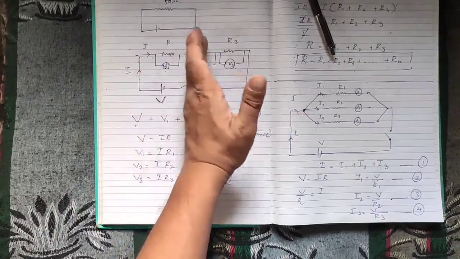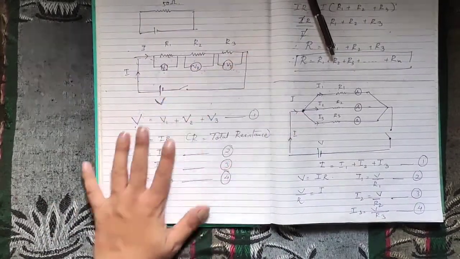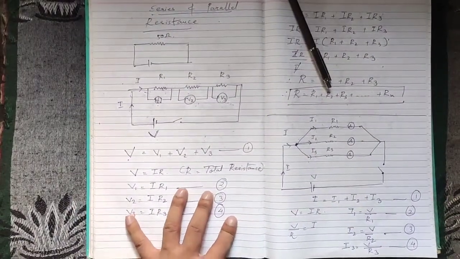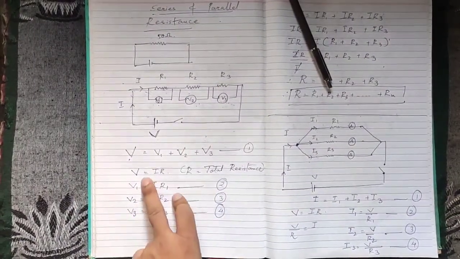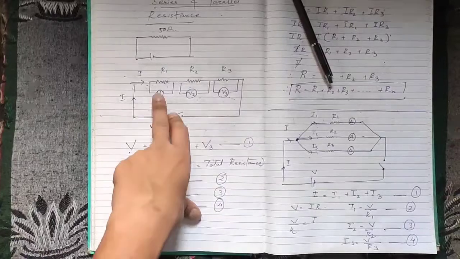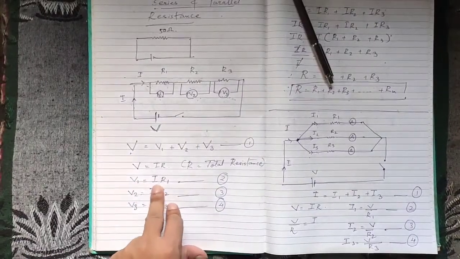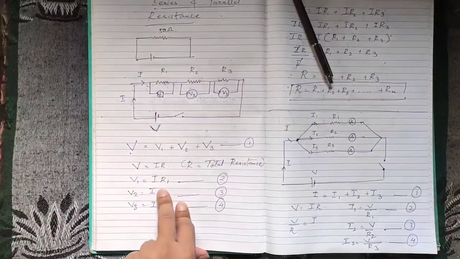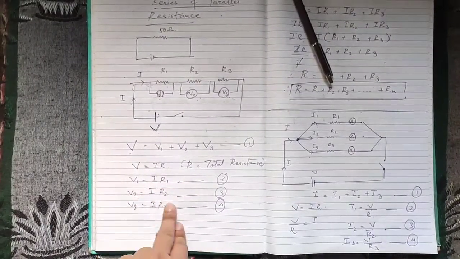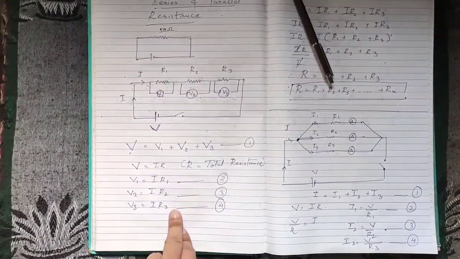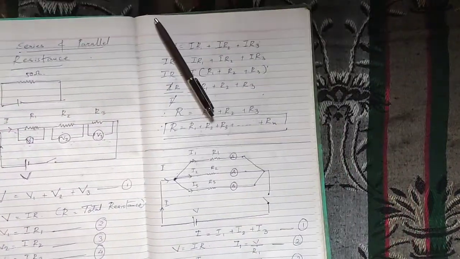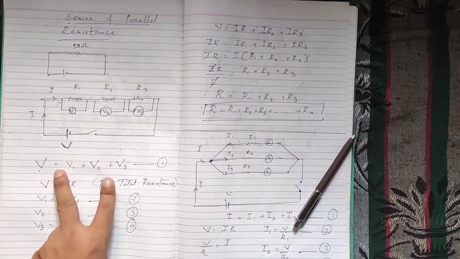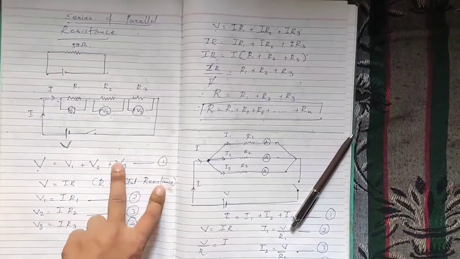Obviously the three are connected, but when we combine them, there will be a total potential difference for which we can find the total current, and that is what we are doing. For potential difference V1, I said that the current remains the same. The current I is the same, but potential difference V1 is across R1, V2 across R2 and V3 across R3 respectively. Now we apply all these three formulas in our main equation, that is V is equal to V1 plus V2 plus V3.